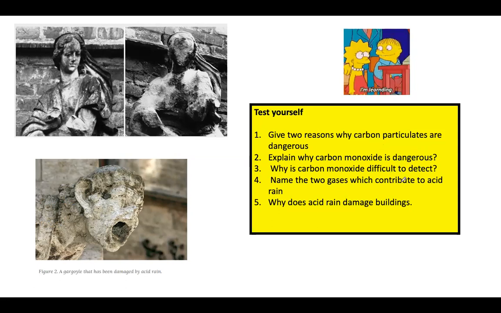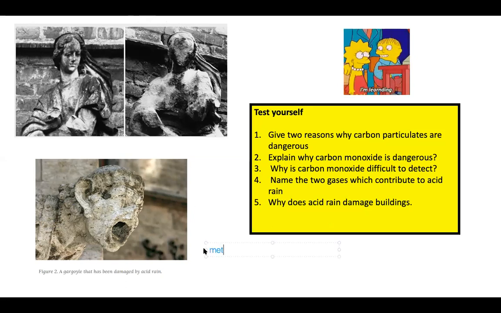The 2 gases which contribute to acid rain, we've got the nitrous oxides and sulfur dioxide. Why does acid rain damage buildings? It reacts with calcium carbonate, which is part of limestone. And we might just do that reaction here.